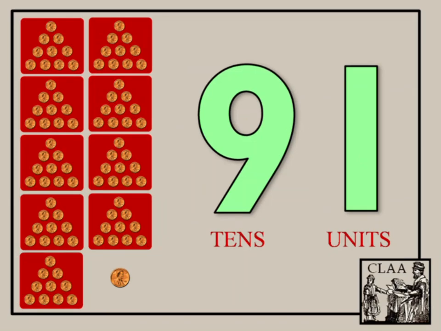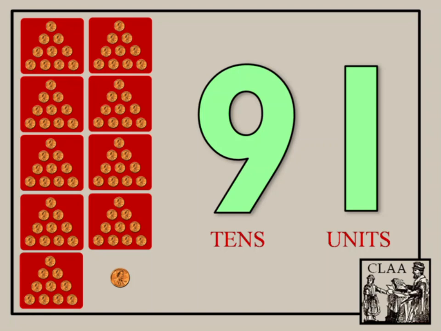We learned that if there are units left over when we count all our sets of 10, we simply put that number of units into the units place. Here, there are 9 sets of 10 pennies and 1 penny left over. We've written a 9 in the tens place and a 1 in the units place because there is 1 penny left over.